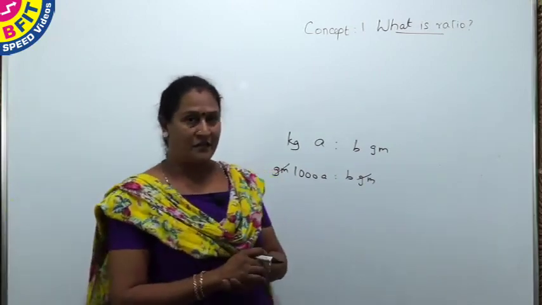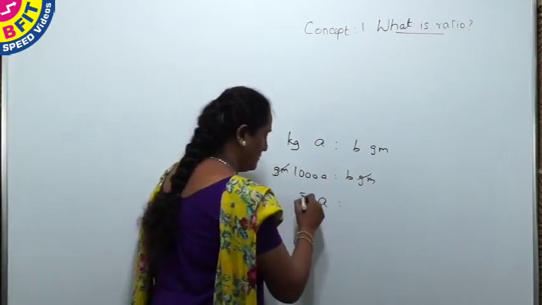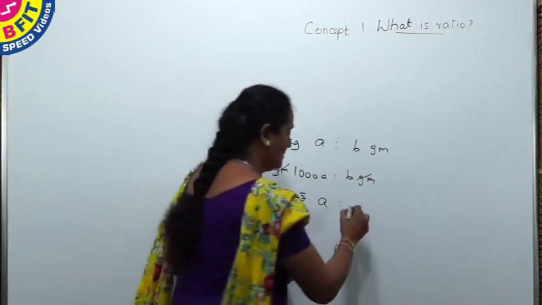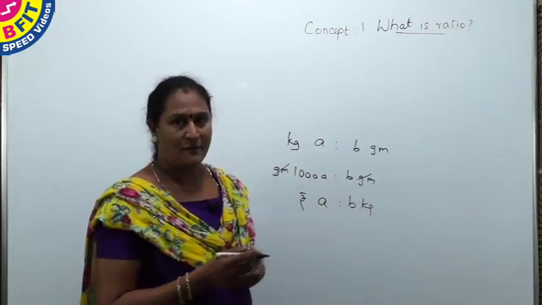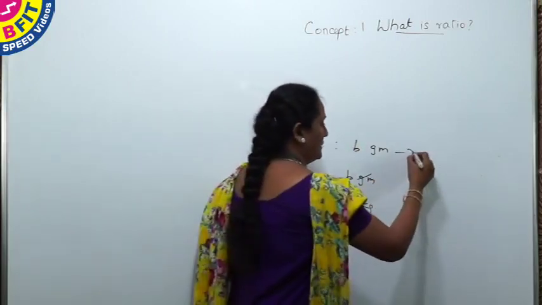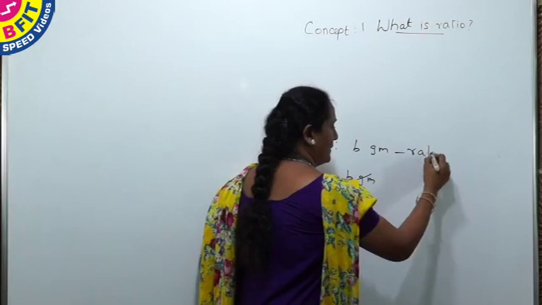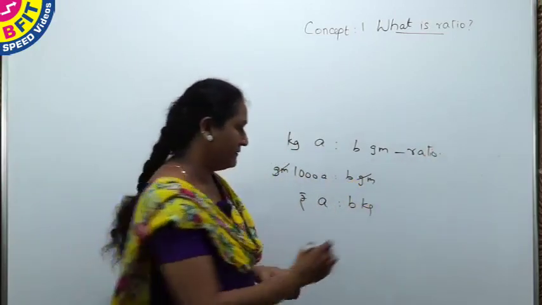Suppose you have a ratio like one in rupees and the other in kilograms. These are not comparable. Only if they are comparable are they termed as ratio. Otherwise this is termed as rate.